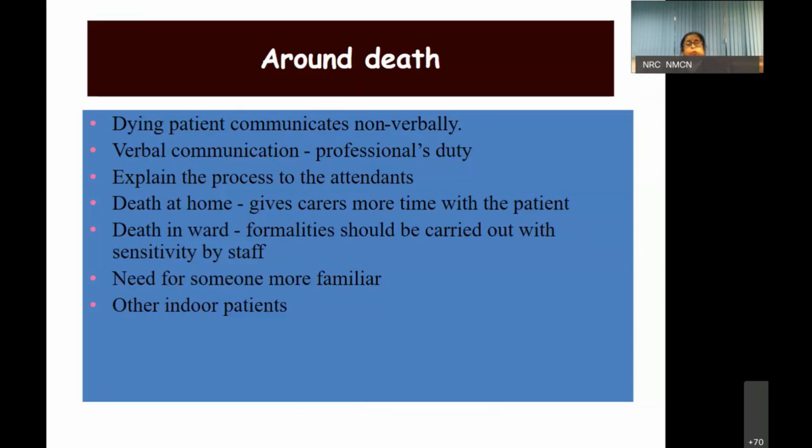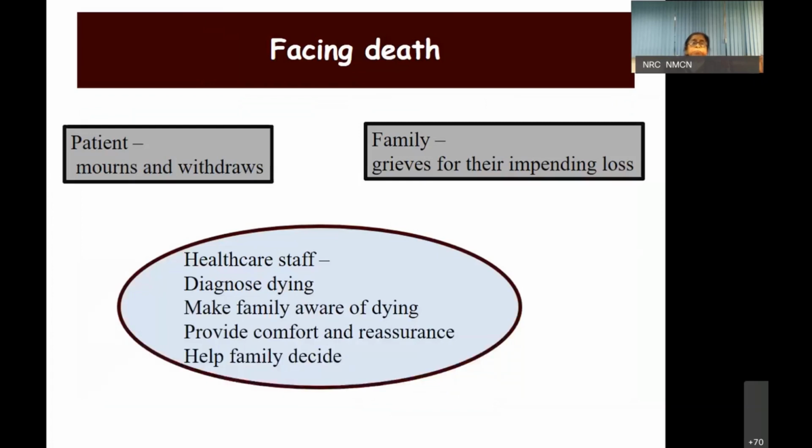They are looking for someone who's more familiar, who's more confident, whom they can once again repose some faith in. Like I said, at the time of death, patient is now from mourning into a withdrawal phase, has gone into withdrawal.